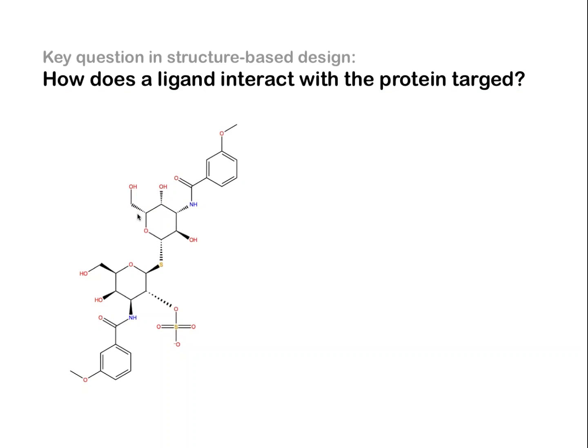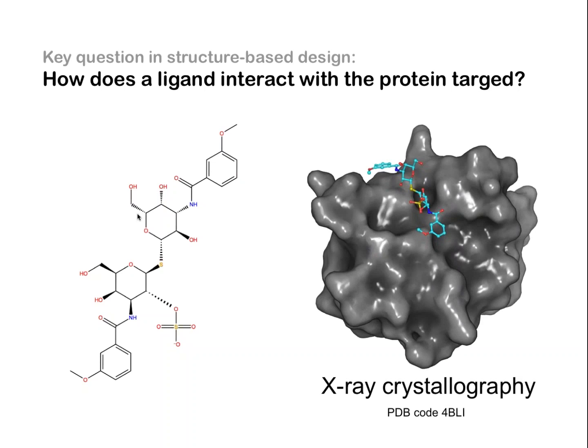So in general, when you want to do glycomimetics design, the key question you would be interested in is essentially how your ligand interacts with the protein. It could be either the carbohydrate itself, or a carbohydrate that is modified, where some parts of the carbohydrate are replaced by an organic substituent.